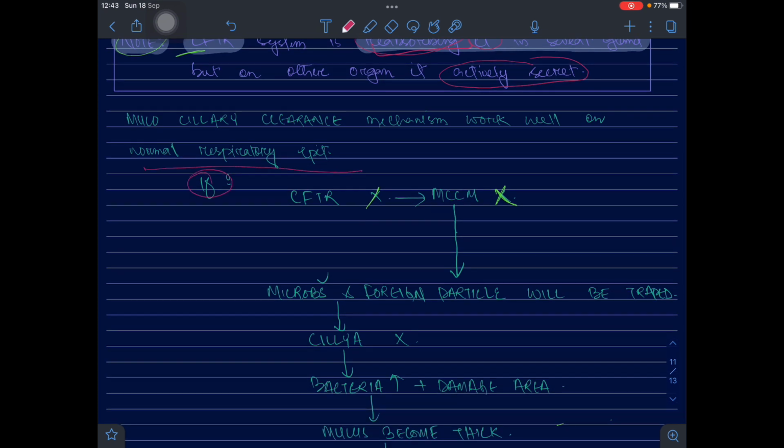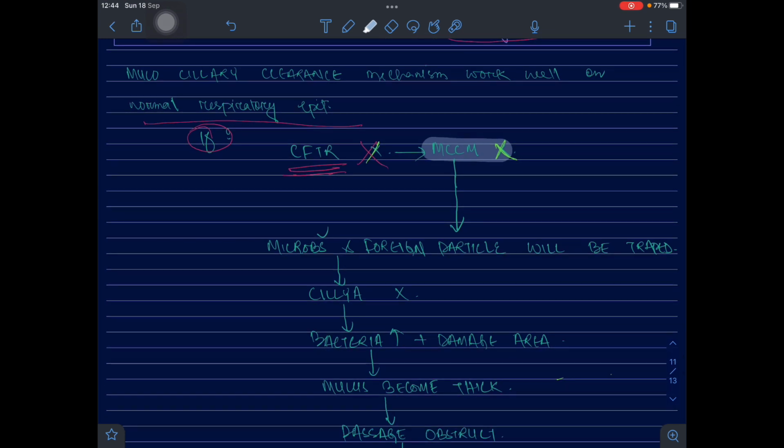Now, if cystic fibrosis occurs, and if there is some mutation in the CFTR gene, what will happen? The mucociliary clearance mechanism will not be working. Once it doesn't work, microbes and foreign particles will be trapped there.